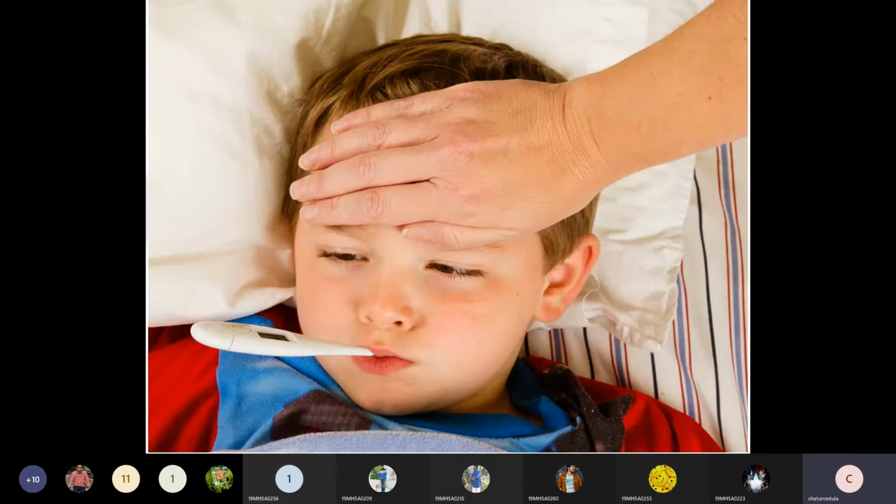Any other ideas by looking at the image? The person is getting fever, or something like that. Any other word or terminology that you can use by looking at this image? Increase in temperature. Very good.